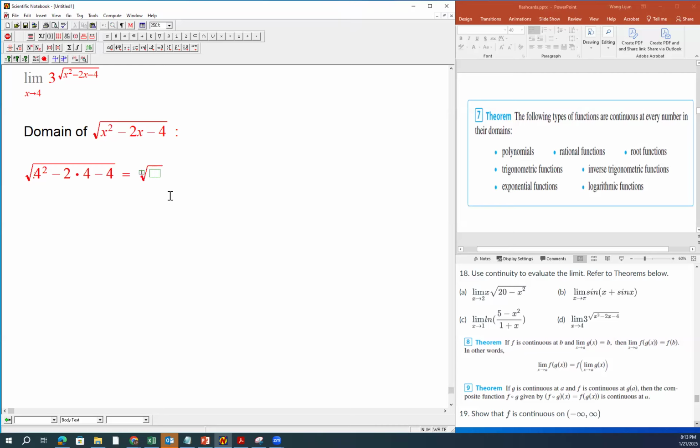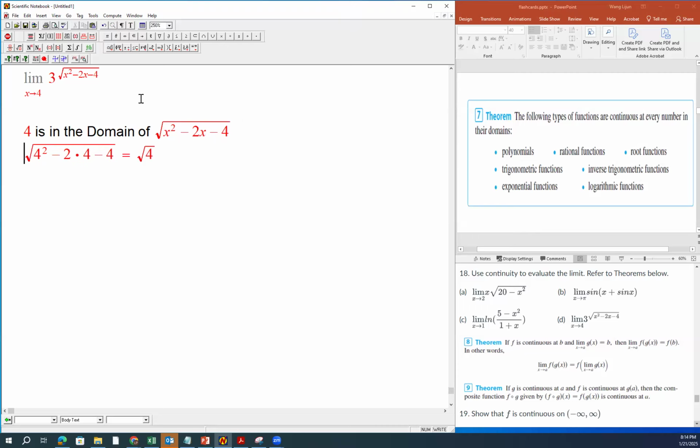What do we get? 16 minus 8 is 8. 8 minus 4 is 4, root 4. So that has already demonstrated, right? So you can say 4 is in the domain of this function because when we plug in, it is meaningful.